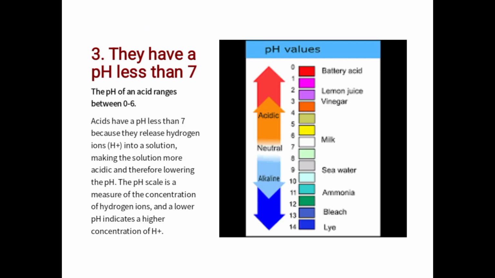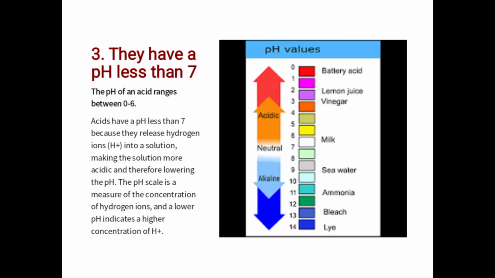Now, another physical property of acids is that they have a pH that is less than 7. On the pH scale, you usually have 0 to 14. Between 0 and 6 is acidic. Between 0 and 3, you have very acidic, which means substances within this range are very, very acidic.